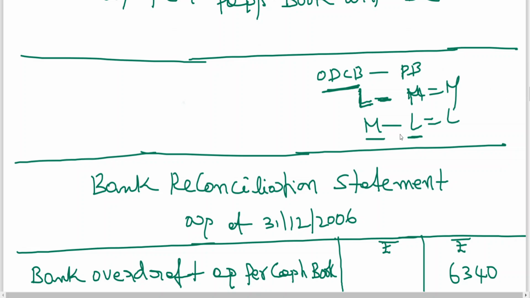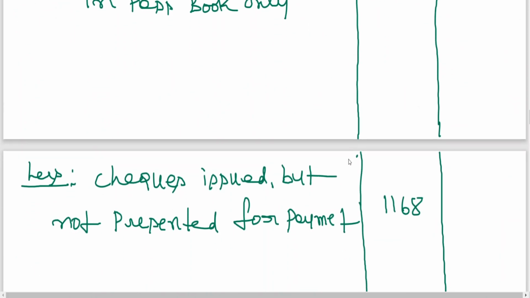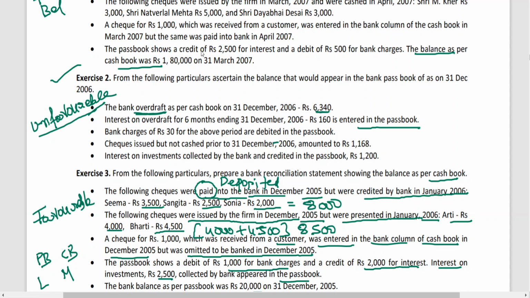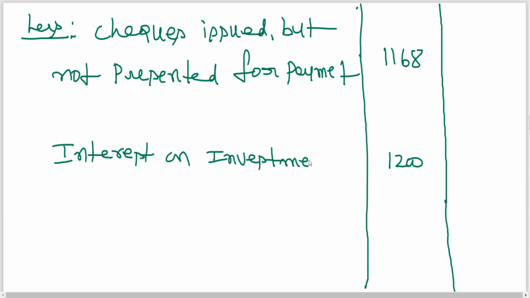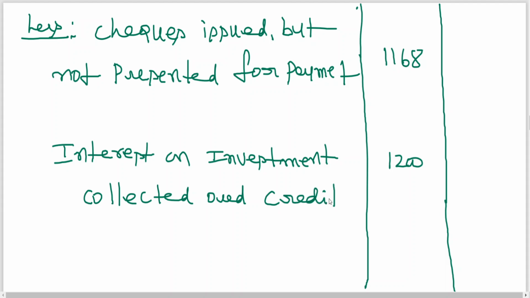So to make cash book OD equal to passbook, it is subtracted. Interest on investment collected and credited by passbook.